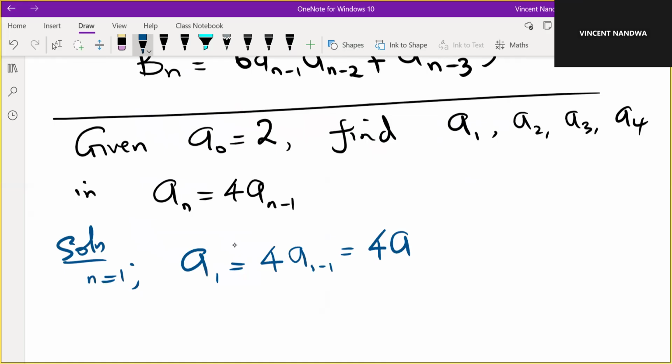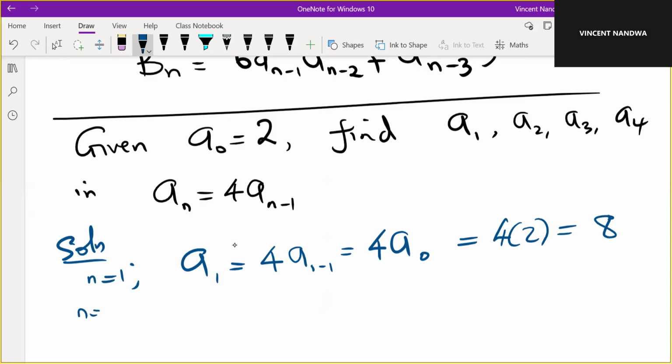0. And then we have been told that a_0 is 2. So this will be the same as 4 times 2. So the answer will be? Eight.